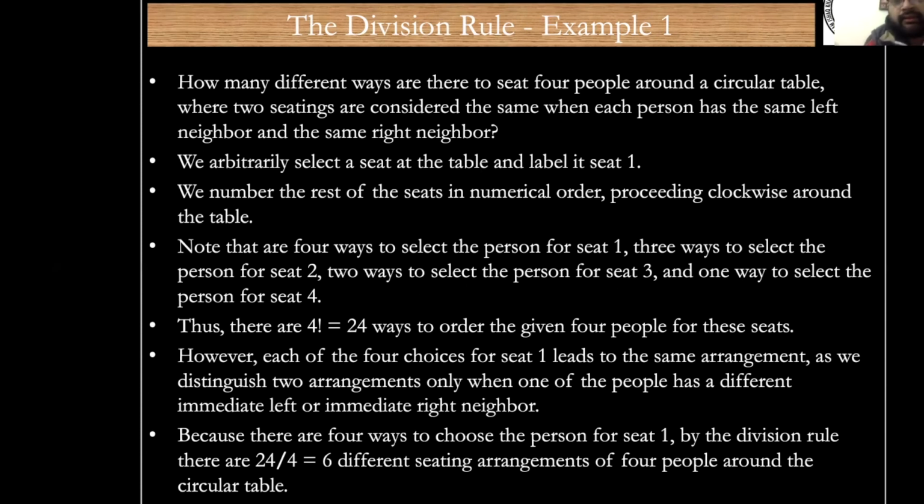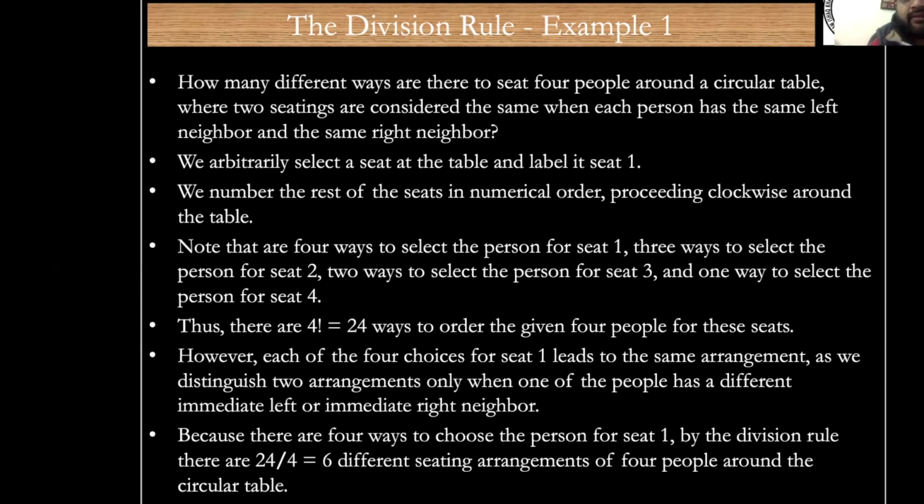For the moment, let's not think about the circular one, but just think about different ways to seat 4 people, without considering the similarity between seatings.